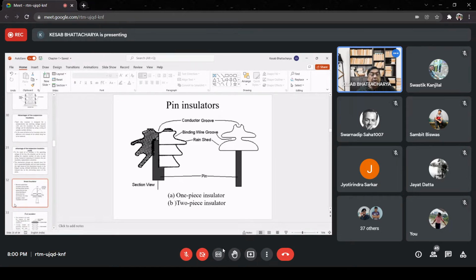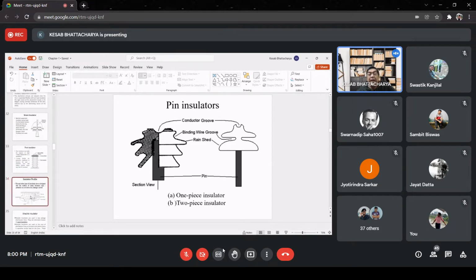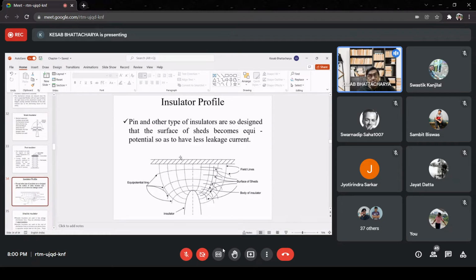Therefore, going back to the profile, considering the pin insulator, through the top groove the conductor will run. And this is the pin placed inside the stem of the insulator, which is at ground potential.